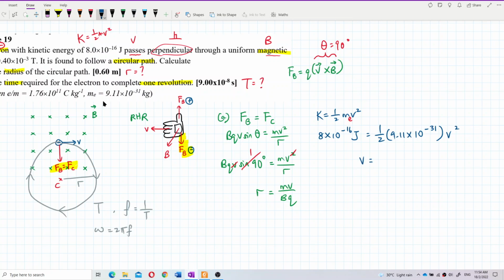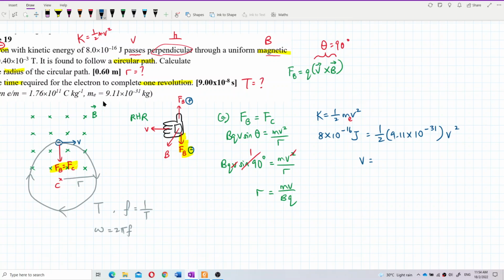Okay, let's calculate the velocity because we need it. 9.11 exponent negative 31, divide by 2. Then 8 exponent negative 16 divide by this answer. And then I need the square root.